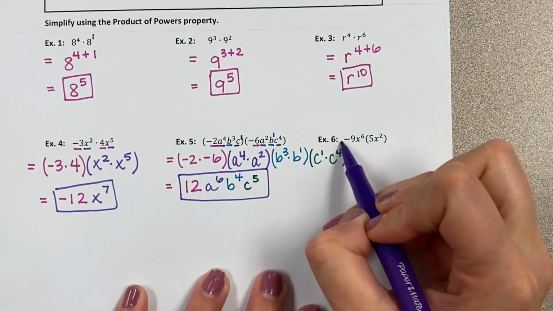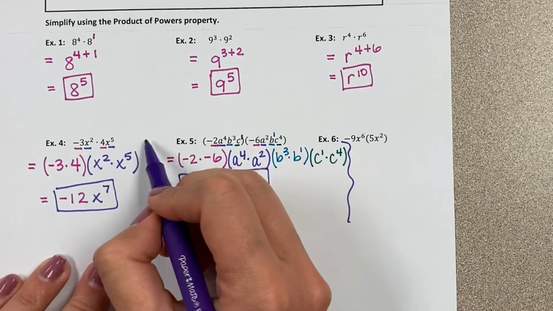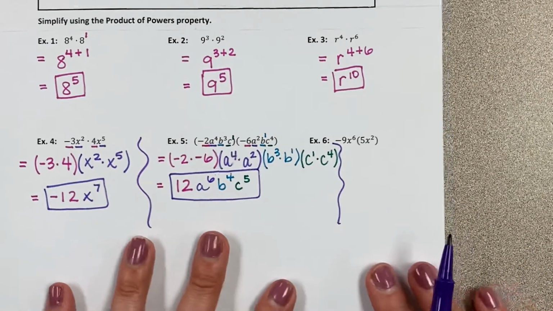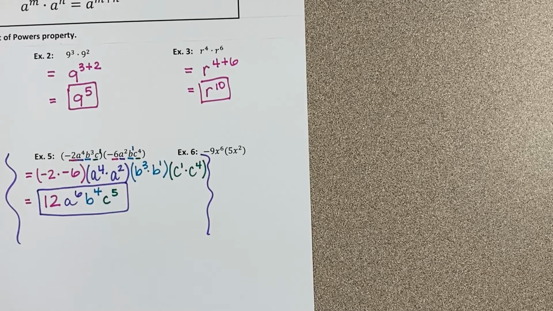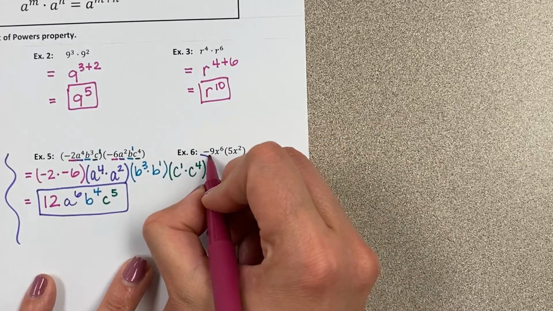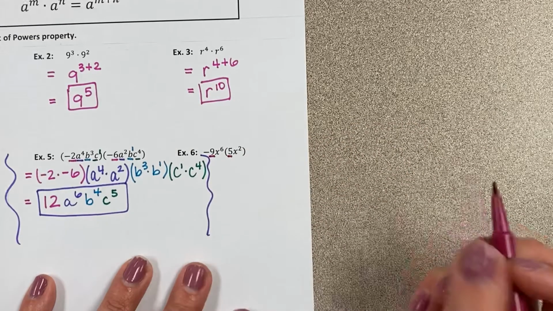All right, for this next one, I'm going to draw a little line here to keep these separate. Same type of thing. We're looking at like terms. So I see a -9 and a 5.